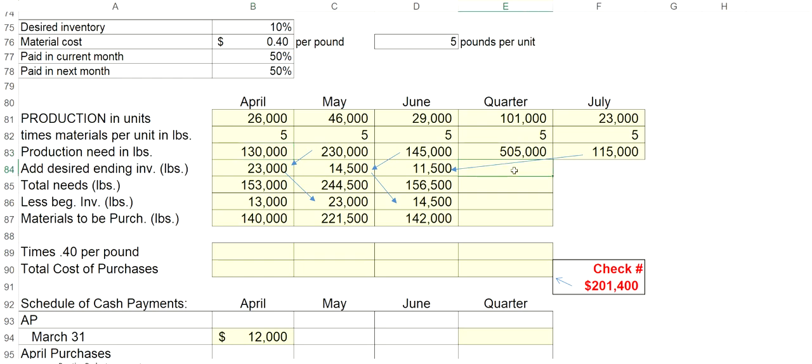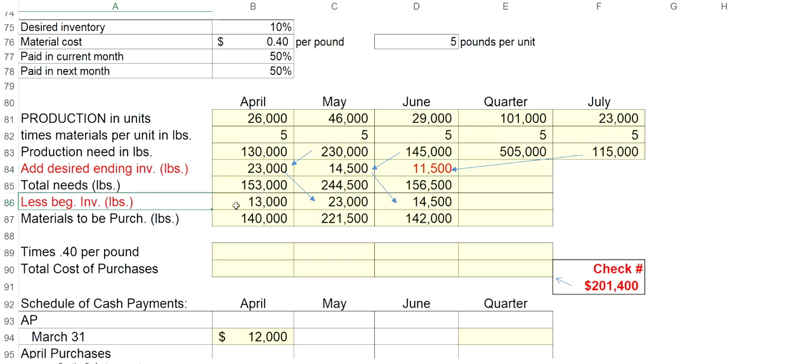Okay, next, let's finish out the quarter column. It's a little bit different. Keywords. If you see the word ending or you see the word beginning, that's the hint that you're not adding the row, but you're taking the beginning or ending number for the quarter. So end of quarter is June 30th, 11,500.